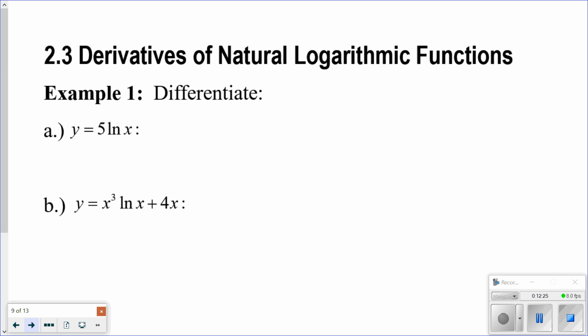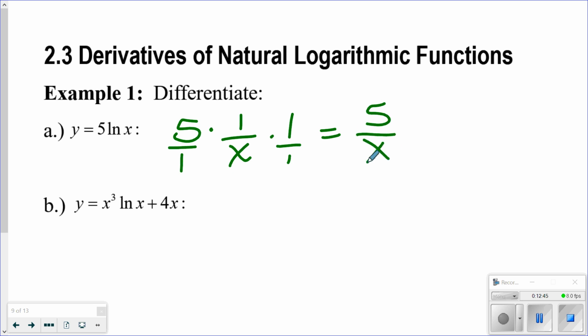Okay, so here's our first one. 5 times ln x is 5 times the derivative of the natural log of x, which is 1 over x times 1. So our final answer, remember tops to tops, bottoms to bottoms, is 5 over x.